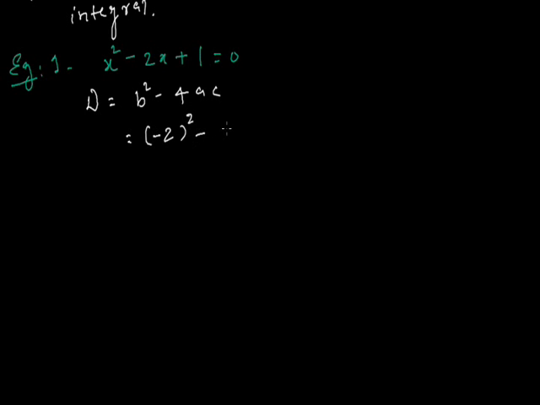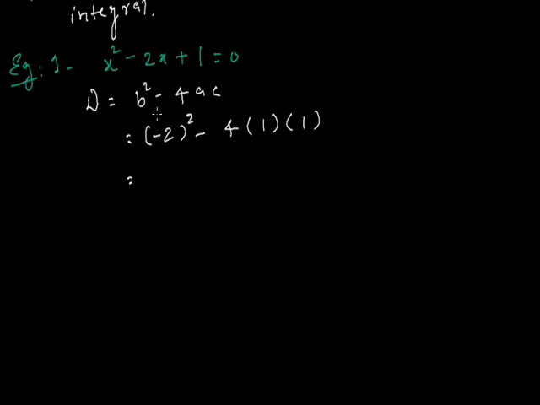Now we are going to take some examples. Example number 1: we have to find the roots of x square minus 2x plus 1 equal to 0. Here D equal to b square minus 4ac equals minus 2 whole square minus 4 into 1 into 1.